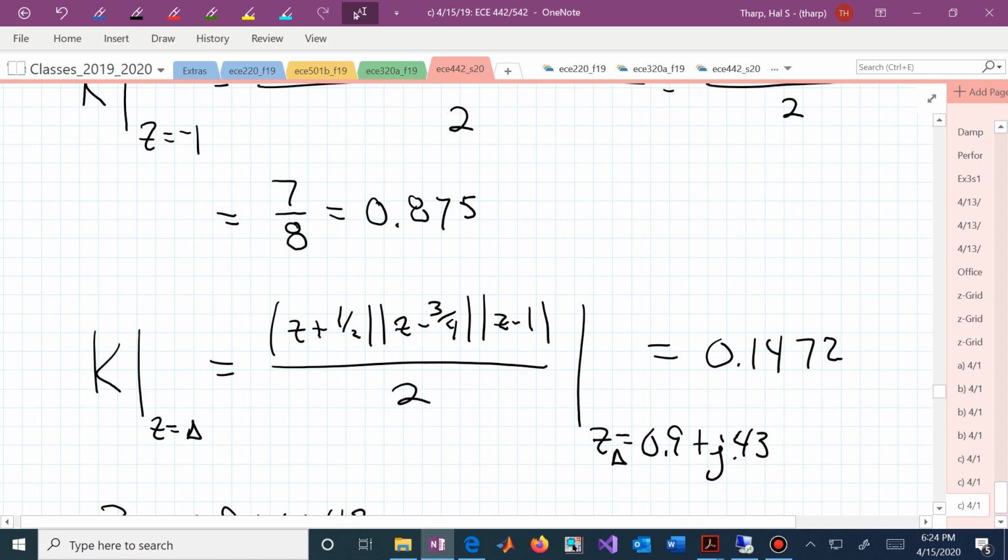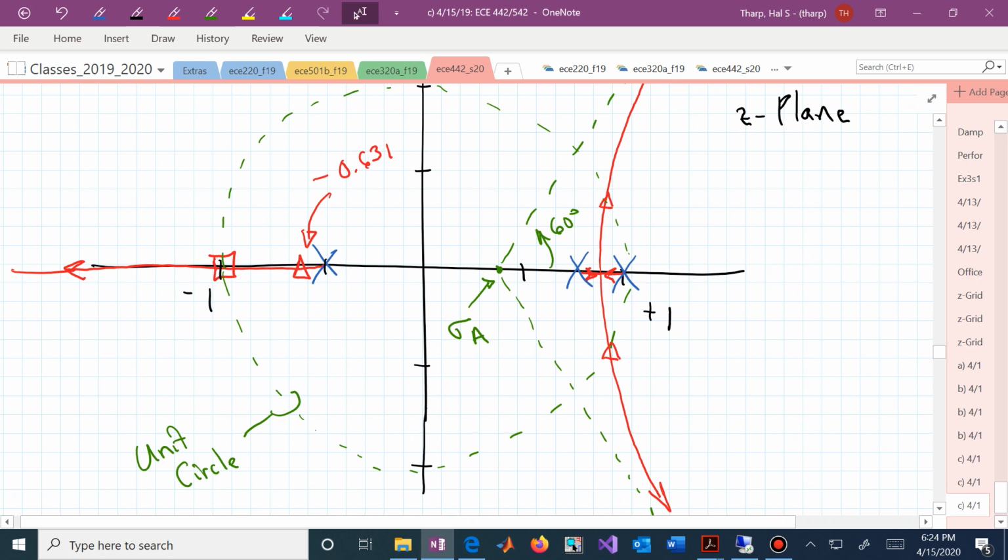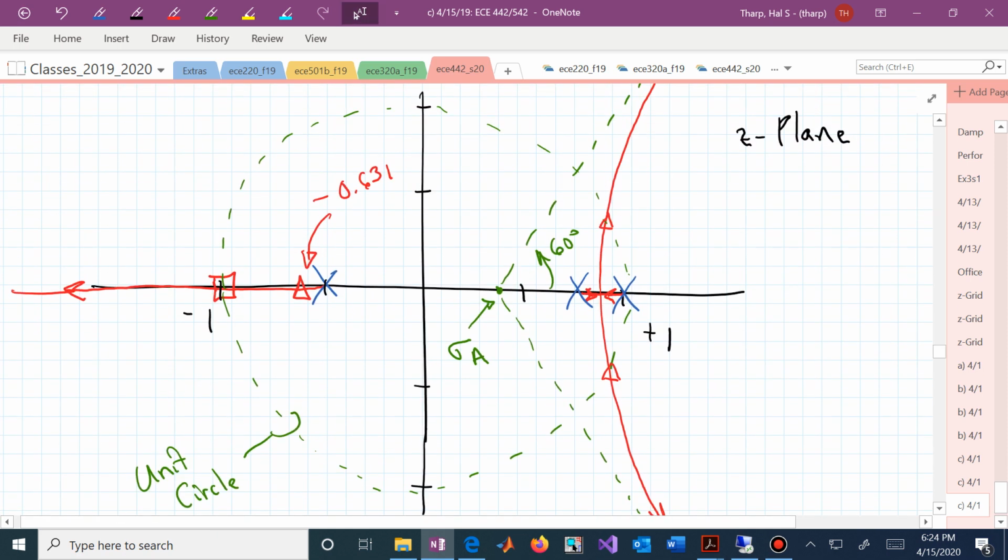0.011. We can then figure out what is the gain k to get us to that triangle location, and now we're comparing that with this 0.875 that made us go outside the unit circle on the left. Well, we could eyeball that triangle from our sketch.